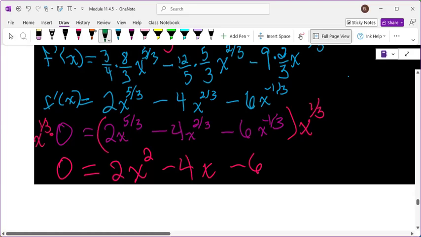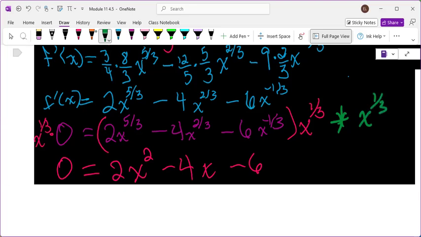Now there is a caveat here. When I multiply by this x to the 1/3, I am getting rid of a potential solution. So I also need to account for the case where x to the 1/3 could be 0.